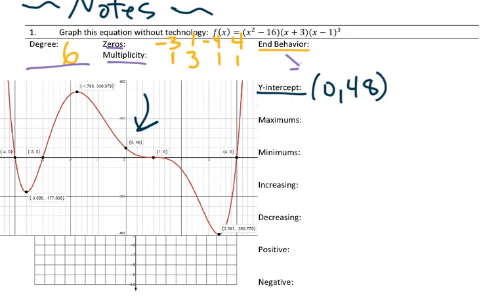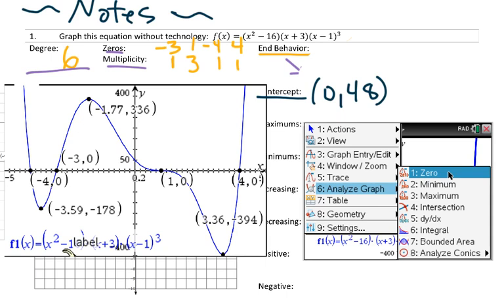Now the maximums and minimums on our graphing calculator, we can actually find those as well. So I went on the graphing calculator, and here's a screenshot. You can do the same exact thing. The harder one to get is the Y-intercept for some reason. But we could do a special kind of trace or a table, and you could find that easily.